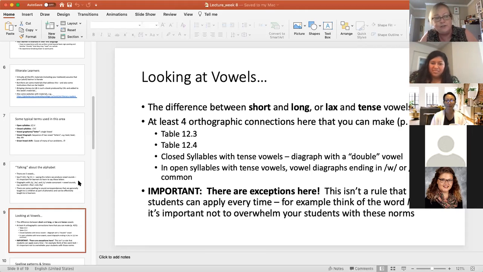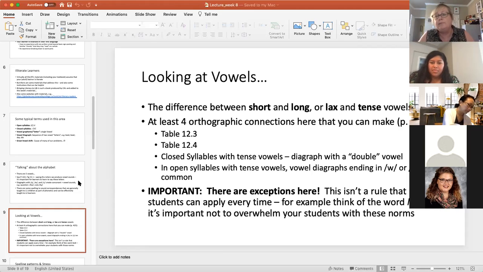It's not that you should sort of lift it all off and regurgitate it to your students and hope they remember a million rules. It's also true that there are exceptions, so it isn't a rule that they can apply every time. One of the example words your book gives you is look, which strictly speaking should be Luke.